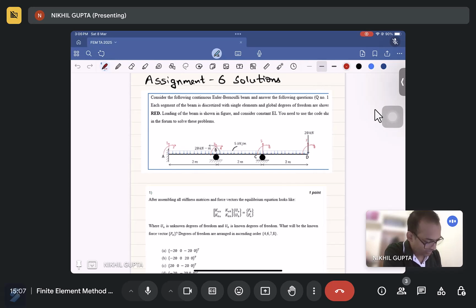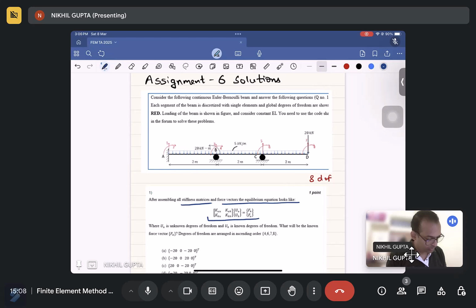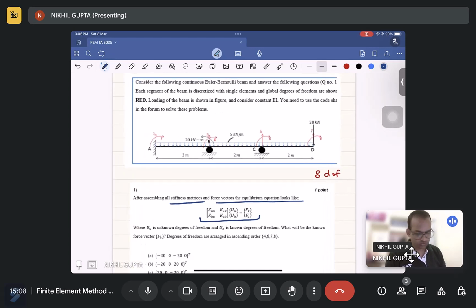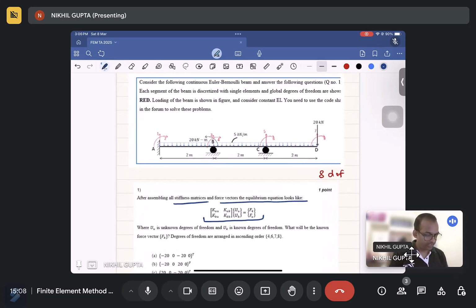What we can see is 1, 2, 3, 4, 5, 6, 7, 8. Eight degrees of freedom are there. Now the first question says, after assembling all stiffness matrices and force vectors, the equilibrium equation looks like this. This is the general equilibrium equation which we usually solve in the finite element method.